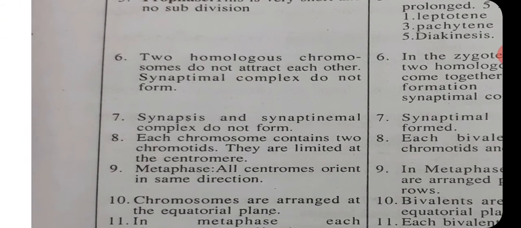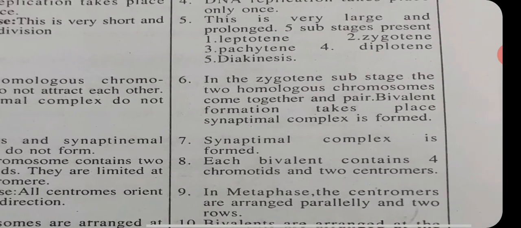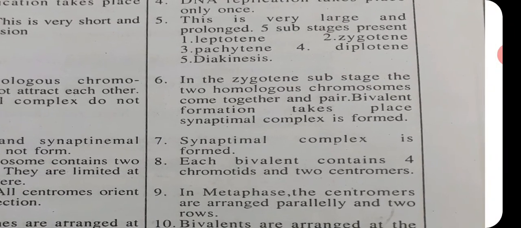In mitosis, two homologous chromosomes do not attract each other, and the synaptonemal complex does not form. But in the zygotene substage during meiosis, the homologous chromosomes attract each other and pair up. This is known as synapsis. The pairing of homologous chromosomes is called bivalent chromosomes.